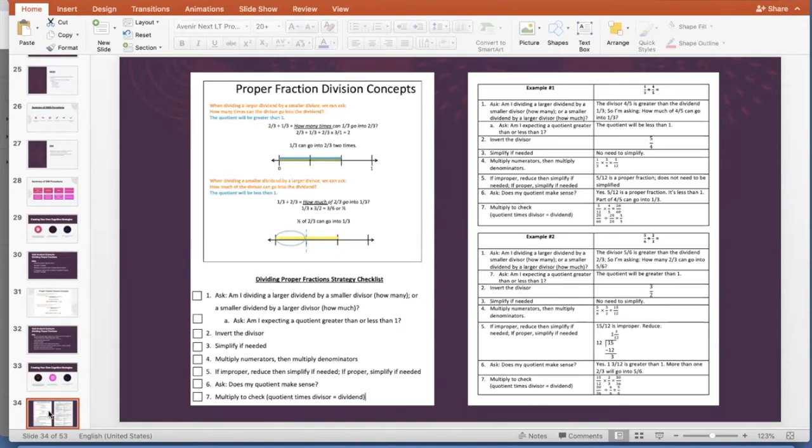So you see each step in the strategy on the left column, or an explanation there with 2 example problems. And the examples, one is a problem with a larger dividend, and one is a problem with a smaller dividend. So the examples that I'm providing sort of span the range of the problems that students are going to have to solve and understand when they're dividing proper fractions.